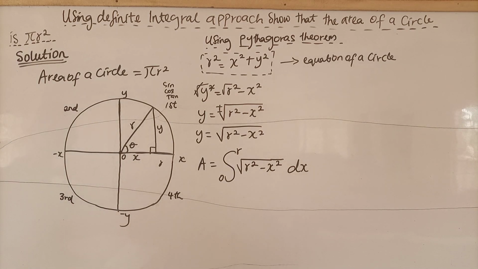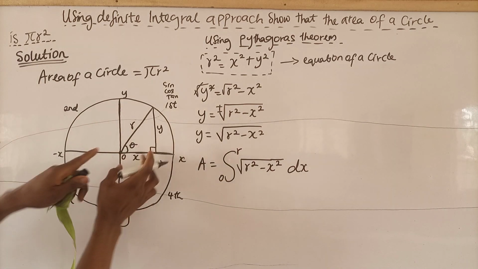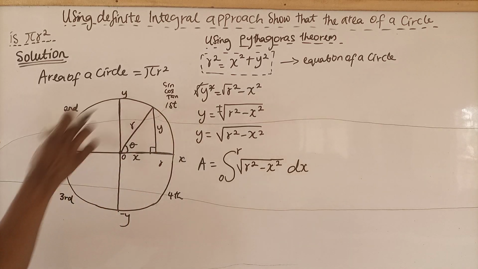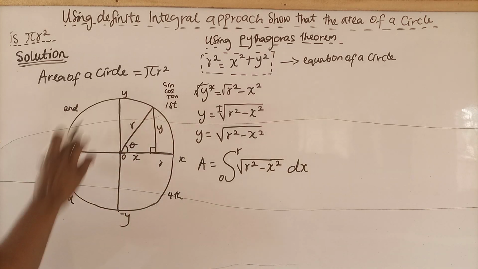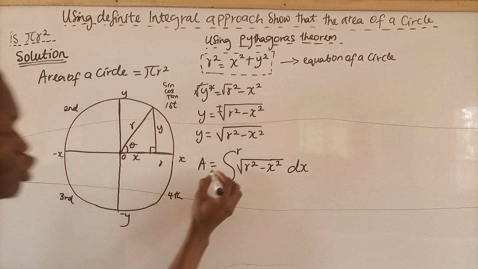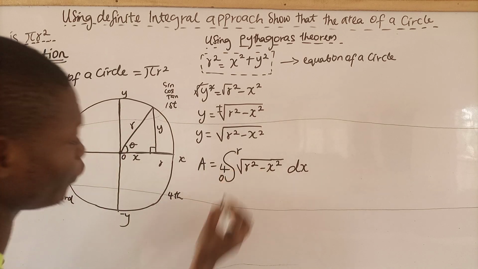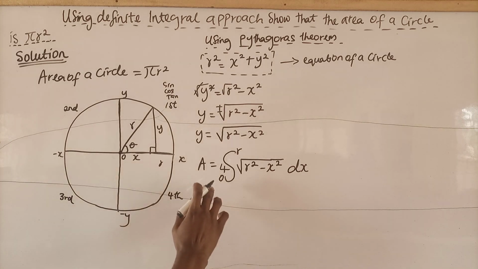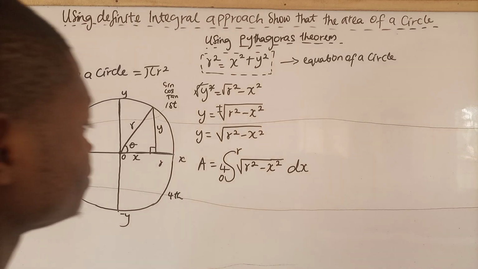So that will be my integral. Remember I told you that if I find the area of this sector, I will multiply it by 4 to find the whole circle, because it's 4 quadrants. So I can put 4 here, so I will have my area like this.